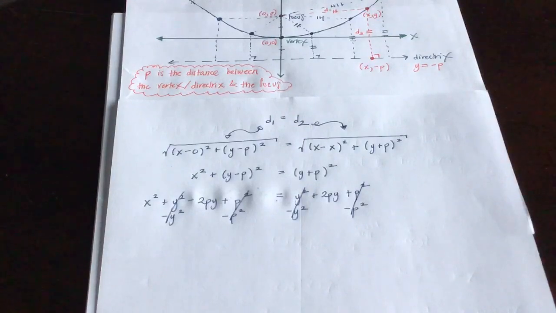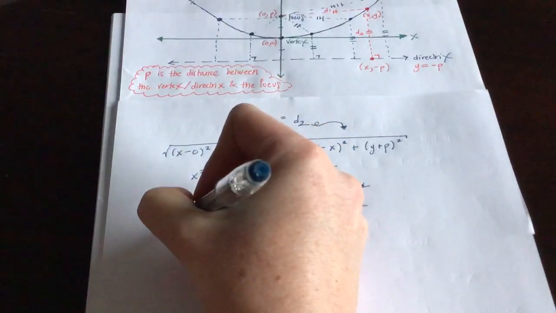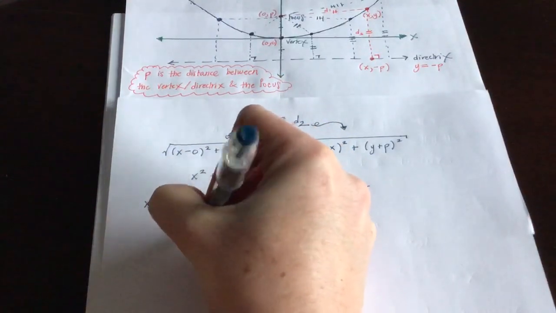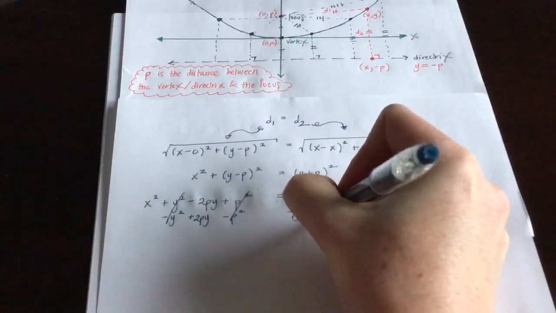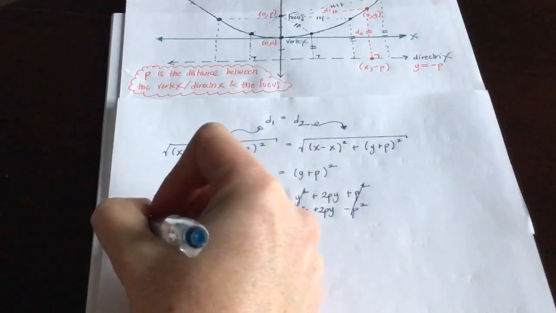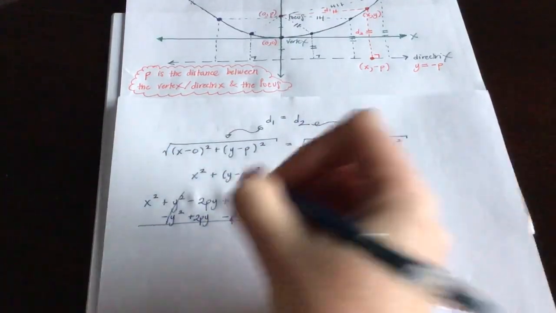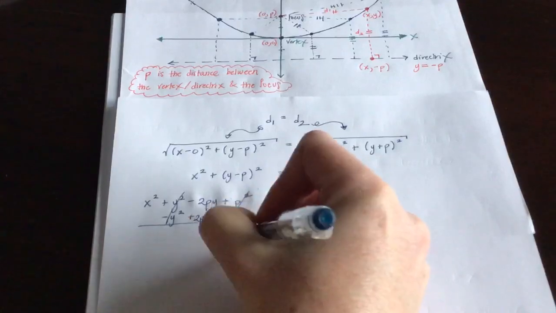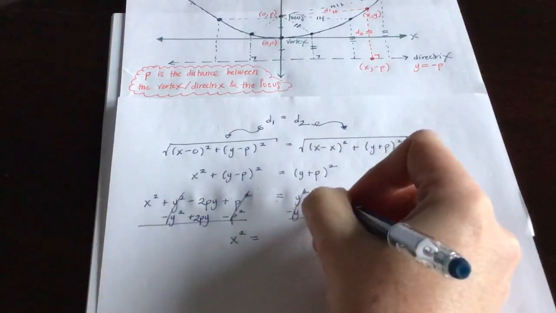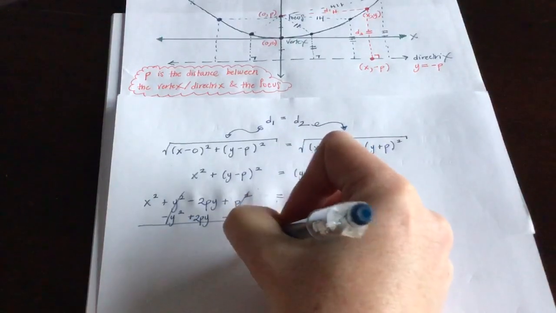And then what else could we do? We're almost done, believe it or not. What else could we do to simplify this just a little bit? Let's say we could add the 2py over, and it won't vanish, but it would at least group those together. So let's see what we would then have. We would have x squared equals 2py plus 2 more py's would be 4py.